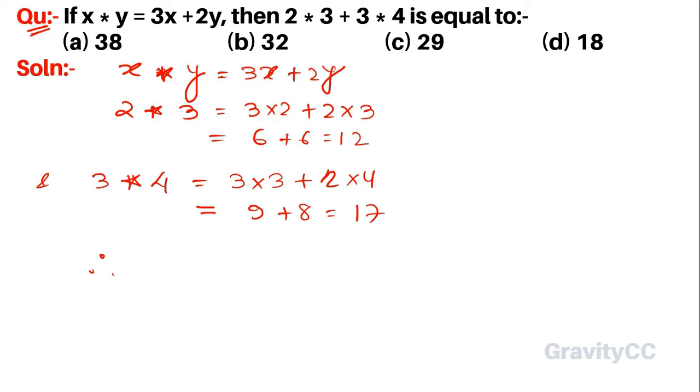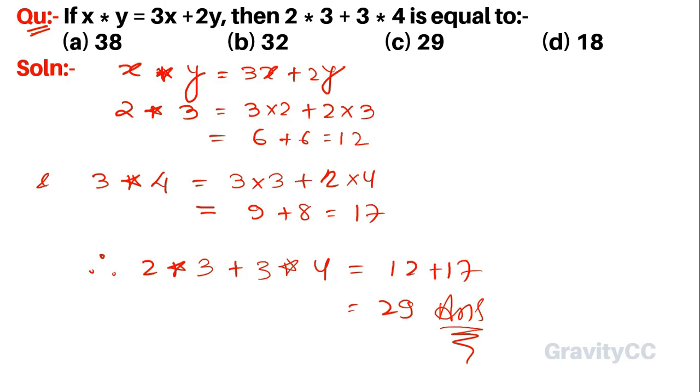So therefore 2 asterisk 3 plus 3 asterisk 4 is equal to 12 plus 17, so it is equal to 29, which is the required answer. So option C is the correct answer.